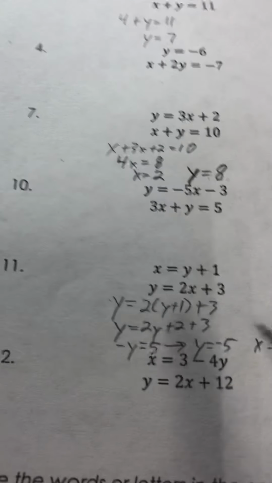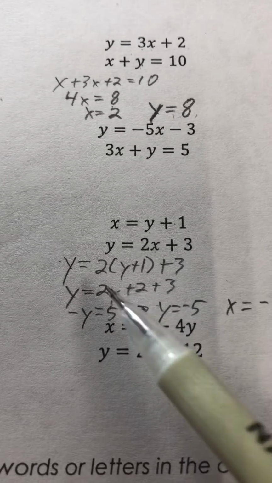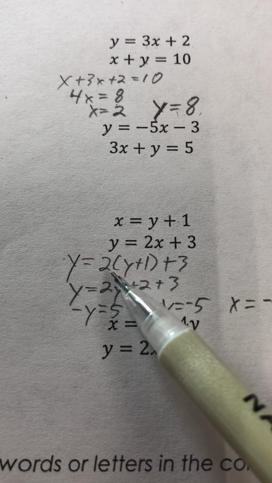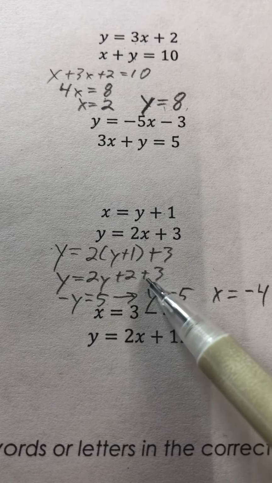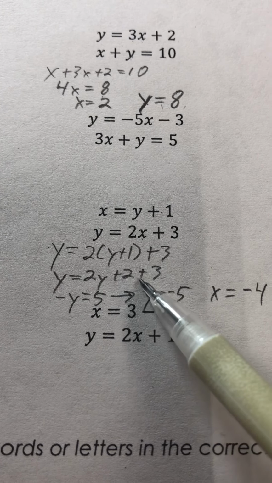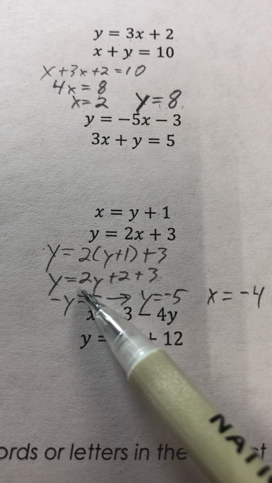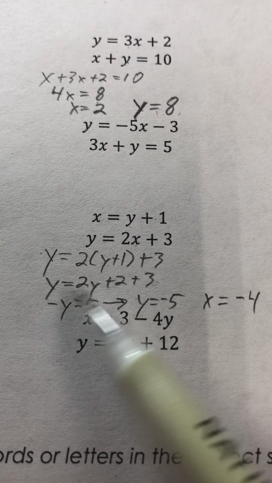And number 11, x equals y plus 1, so I just throw in y plus 1 here for this x. I use the distributive property, combine like terms. I ended up get 5. I subtracted 2y from both sides, sorry.